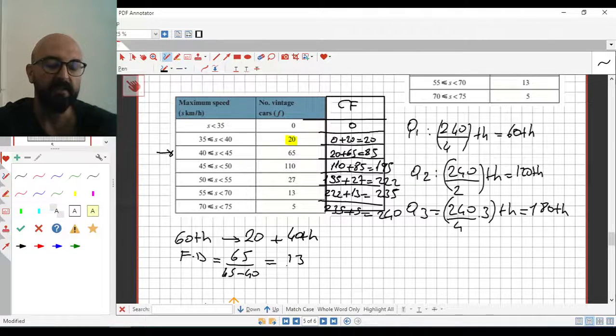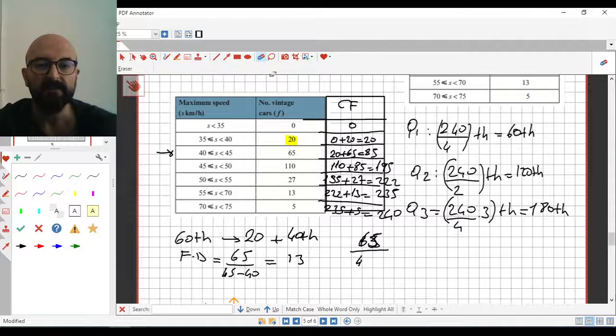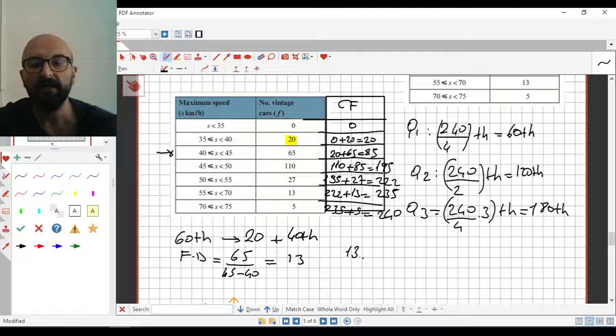So the frequency density is 13, so we should find 13 multiplied by 40 over 65. So it means 8.